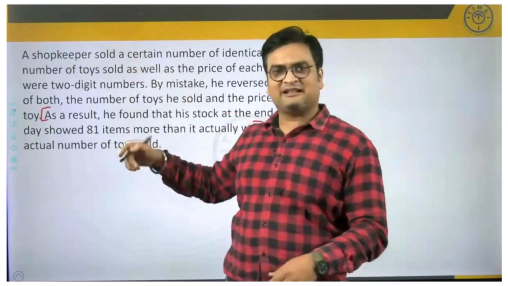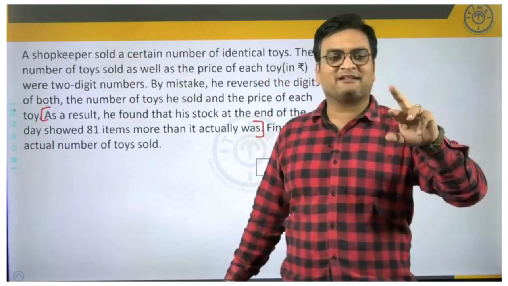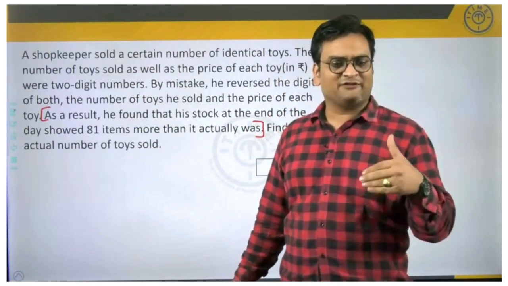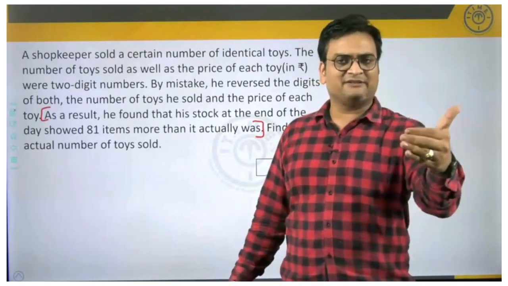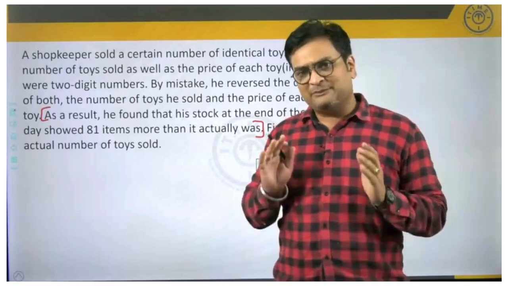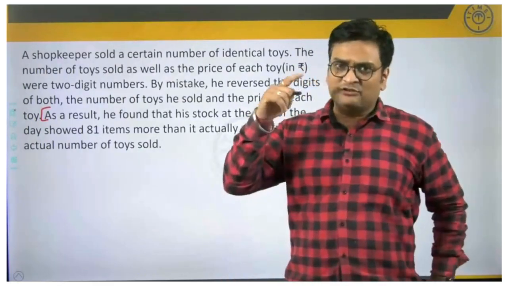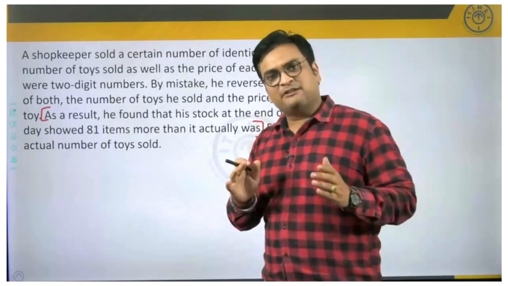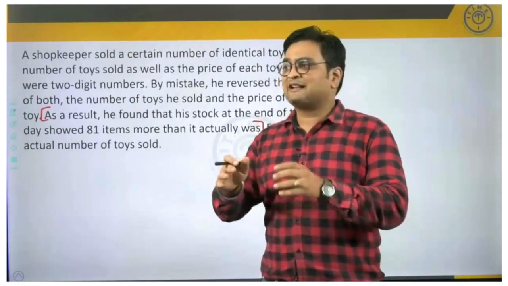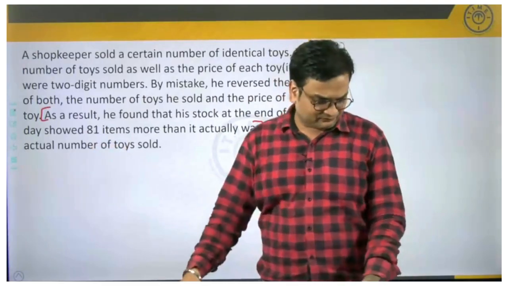Because somewhere in the question he said the sales were reported as reverse digits. For example, if the sales was 27, he wrote it as 72. Or vice versa. If the sales was 72, he wrote it as 27, right? So he made a mistake there. On account of that mistake, this error is also creeping in, right? The system is showing 81 items more, whereas there are no extra items.